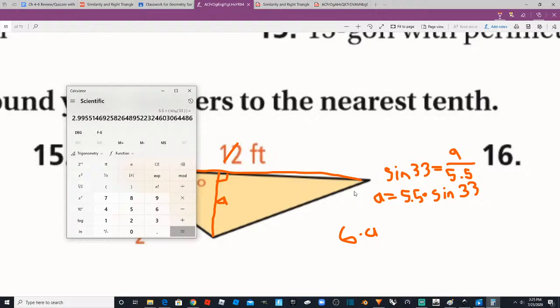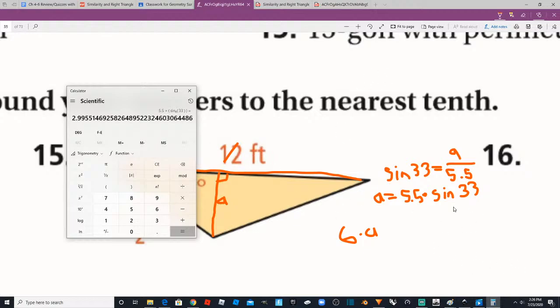That is number 15. I had it misplaced. Oh, sorry about that.